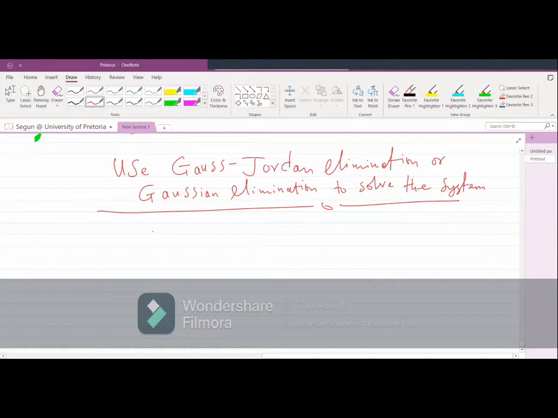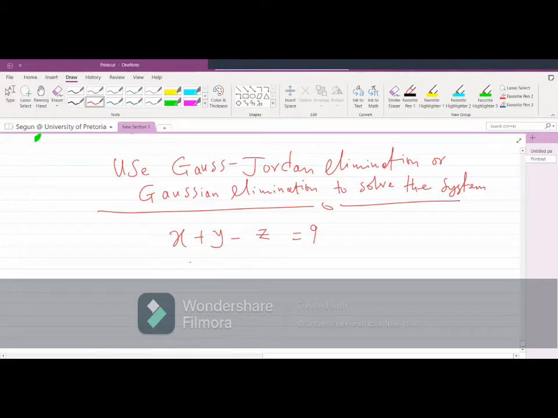Let's look at the example: x plus y minus z is equal to 9. Then y plus 3z is equal to 3.